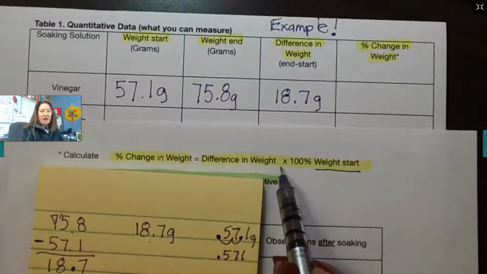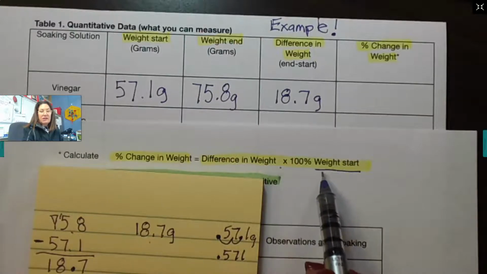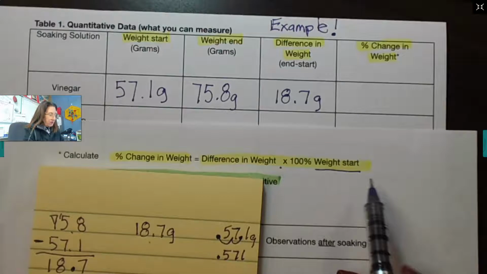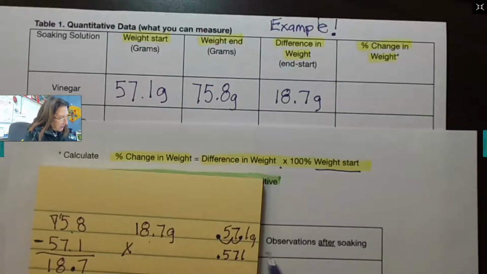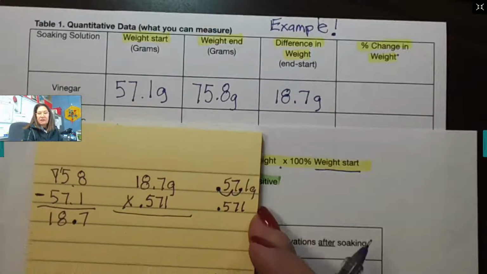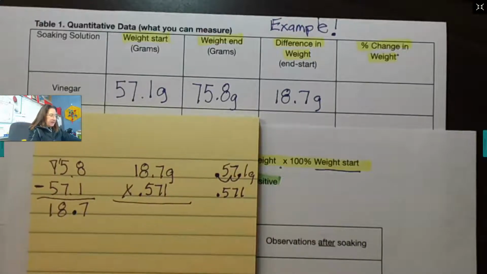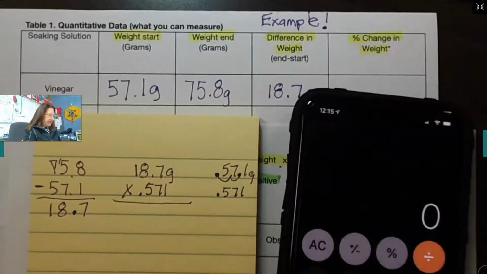Okay, so now it says I'm going to multiply the difference in weight, which is right here, times the percent of the start weight. So I'm going to multiply this times 0.571. I'm going to use my handy dandy calculator because why not, right?